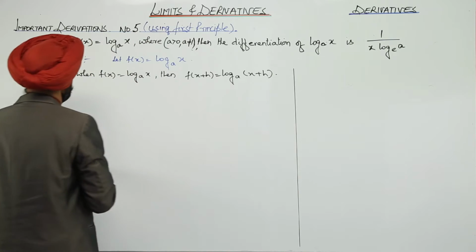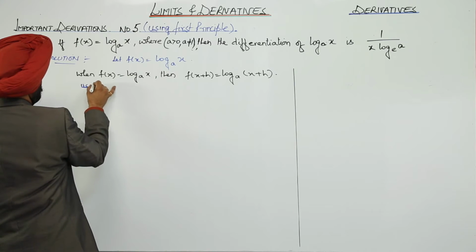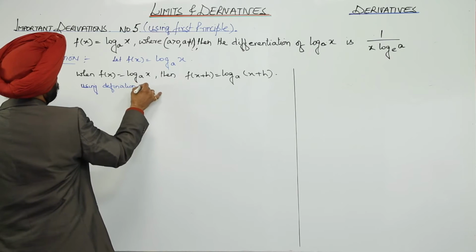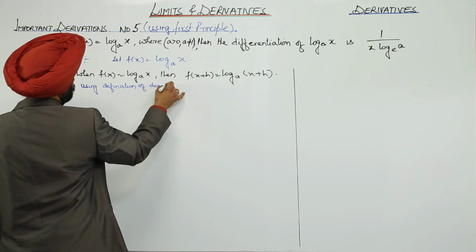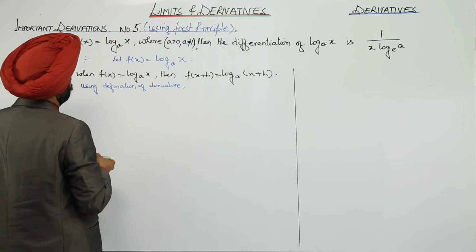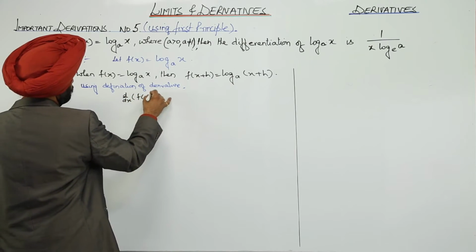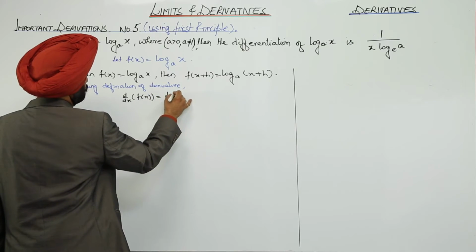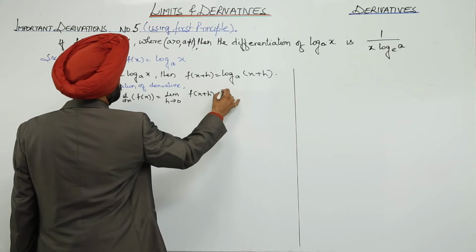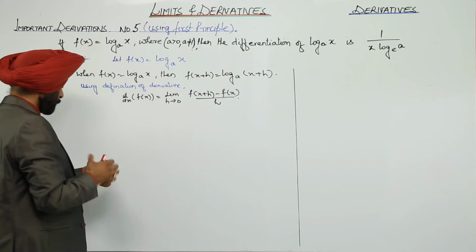Now, definition of derivative: d upon dx of f(x) is equal to limit h approaches to 0, f(x plus h) minus f(x) upon h, okay.